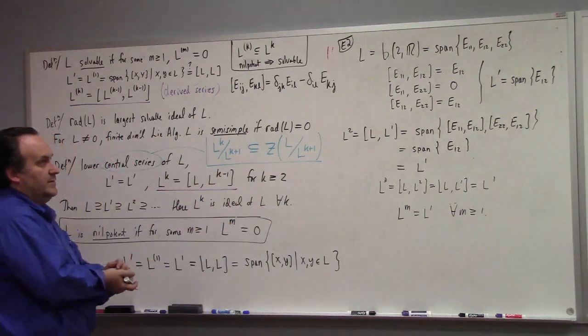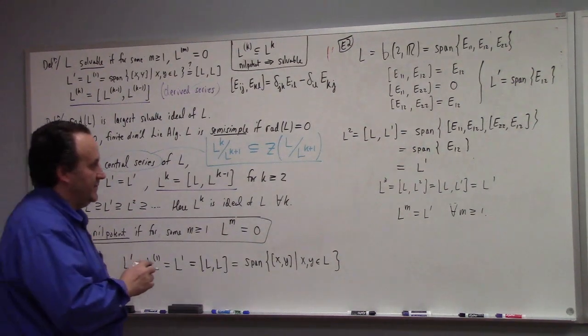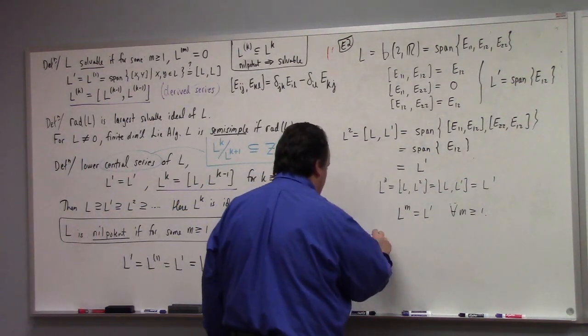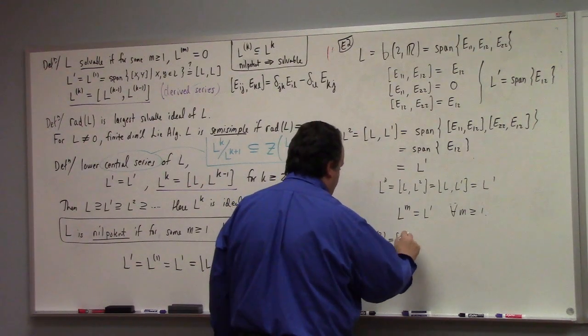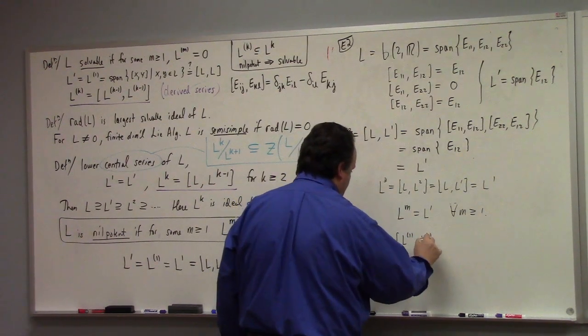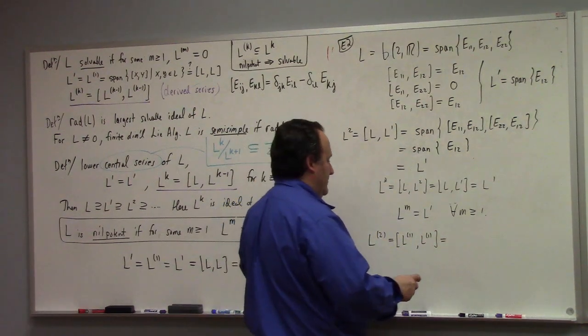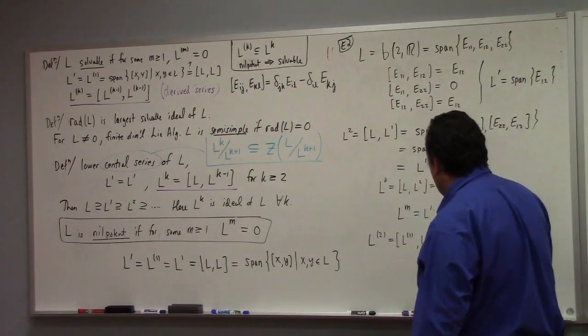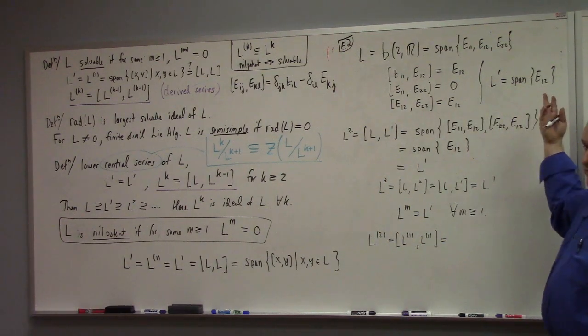Therefore the upper triangular 2 by 2 matrices are not nilpotent. But they are solvable, because if you were to calculate L parentheses 2, which would be the bracket of L parentheses 1 with L parentheses 1, you're looking at the span of the commutator of E12 with itself.